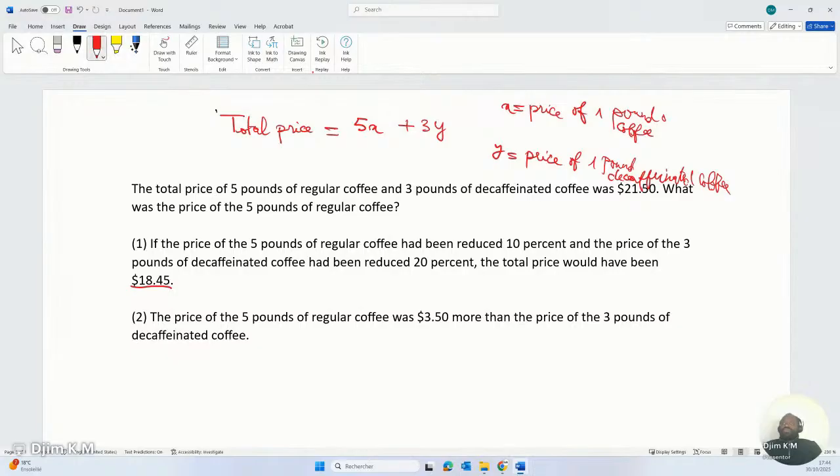So this total price here is equal to 21.50. So this is going to give us a system of equations where we will have 5x plus 3y equal 21.50, and we will have £5 reduced by 10%.